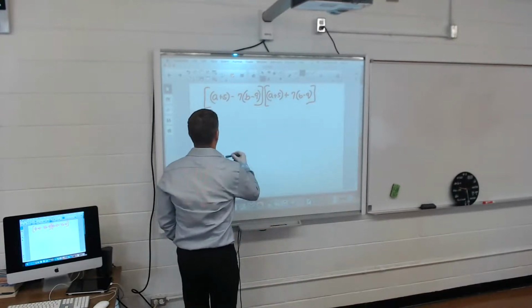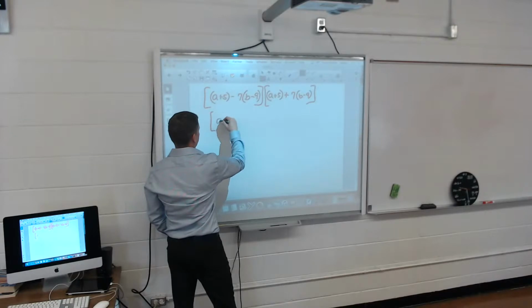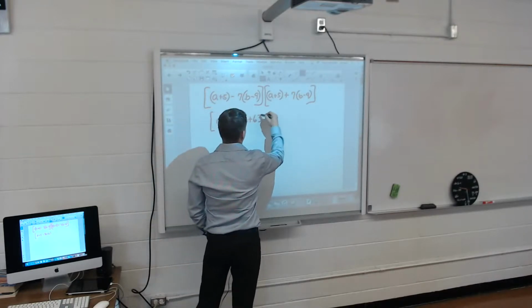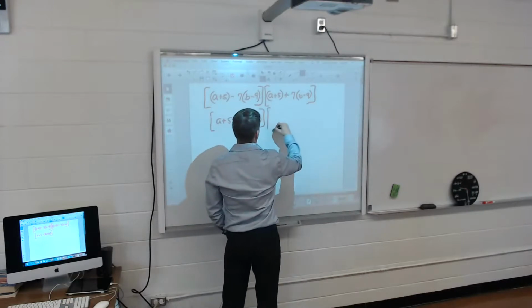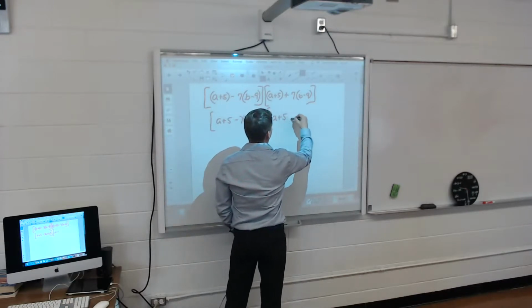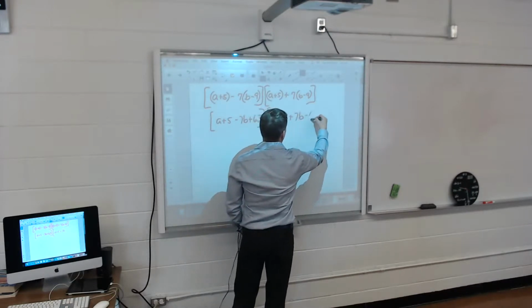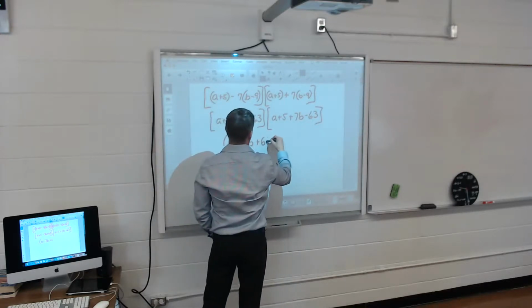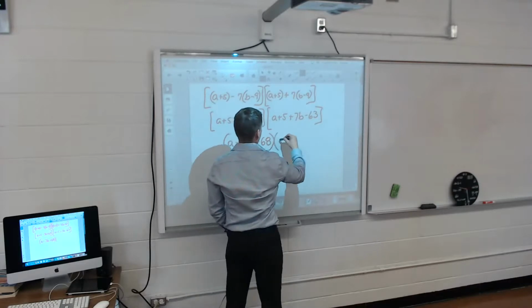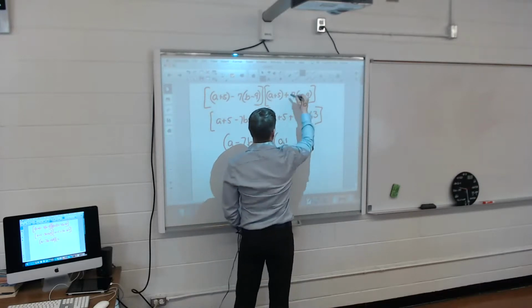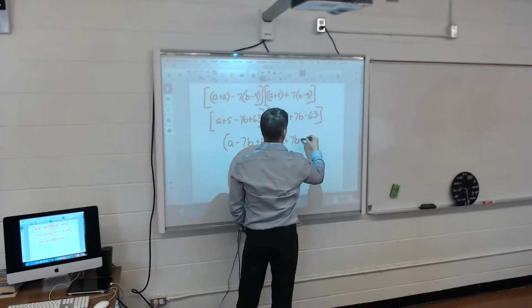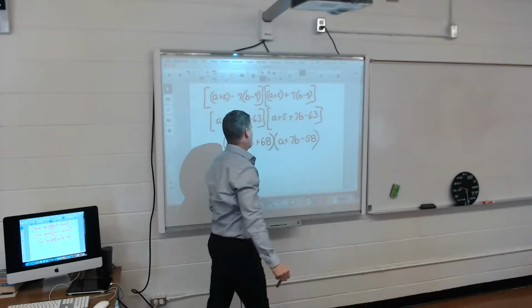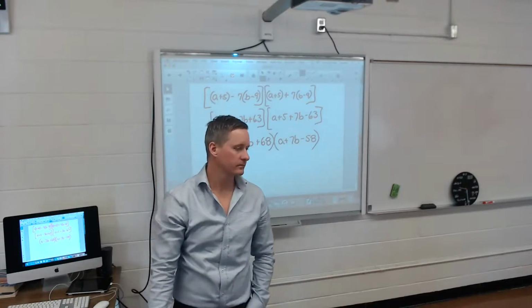Then you have to simplify it. A plus 5 minus 7b, add 63. A plus 5, add 7b minus 63, plus 68, and a plus 7b minus 58. There's your final answer.